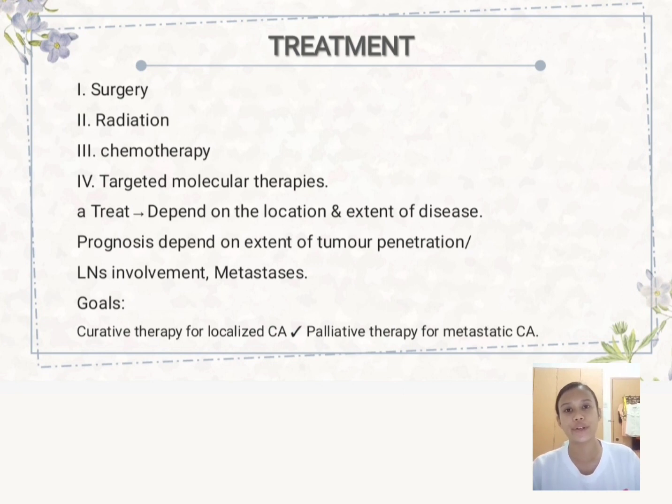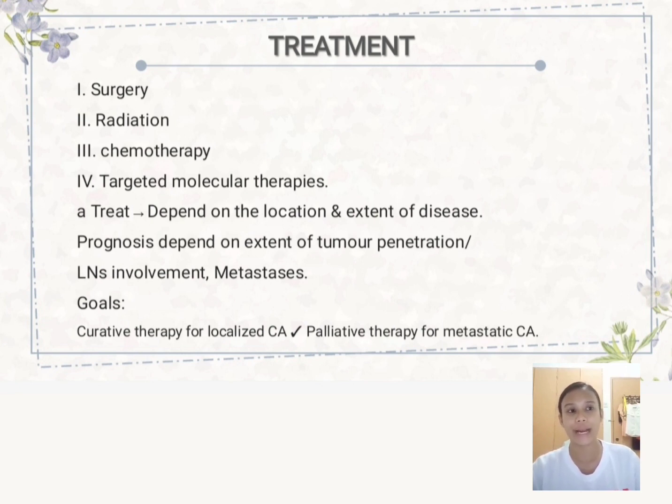Although surgery or surgical procedure is the primary treatment or the treatment of choice for most cancer patients, chemotherapy, radiation therapy, and targeted molecular therapies may also be recommended, either before or after a surgical procedure. Chemotherapy is a treatment that uses drugs to attack and kill cancer cells.